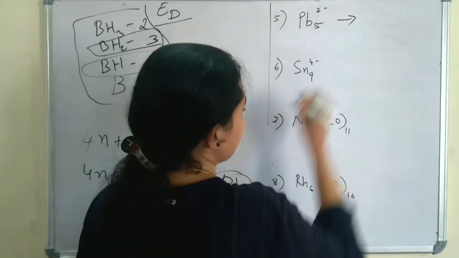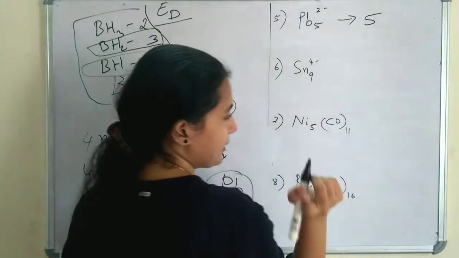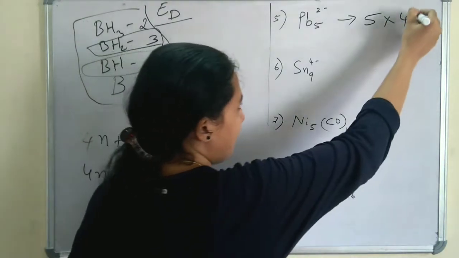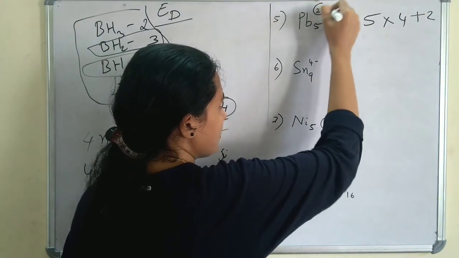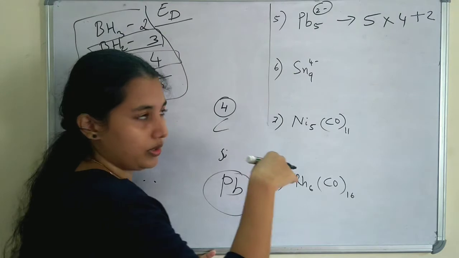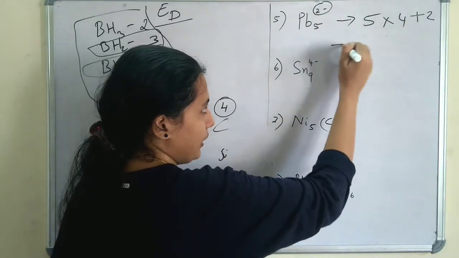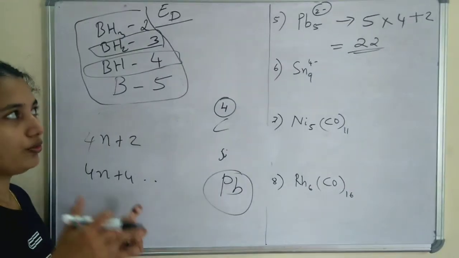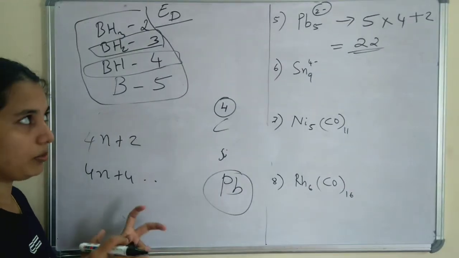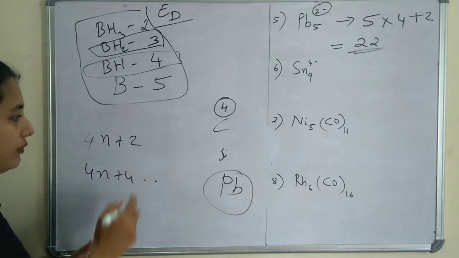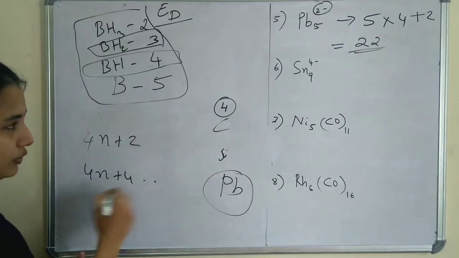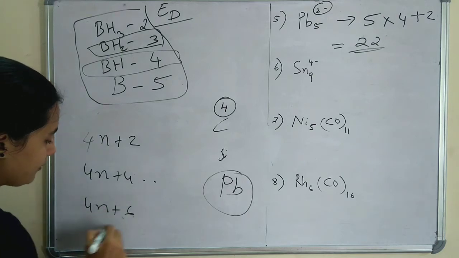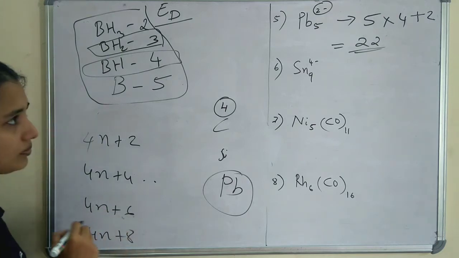So how many lead atoms? 5 lead atoms into 4 electrons, 5 into 4 plus 2. The 2 minus charge means adding 2 electrons. So 5 into 4 plus 2 gives 22. Now we have to find the structure of Pb5 2 minus using the formulas 4n plus 2, 4n plus 4, 4n plus 6, 4n plus 8.